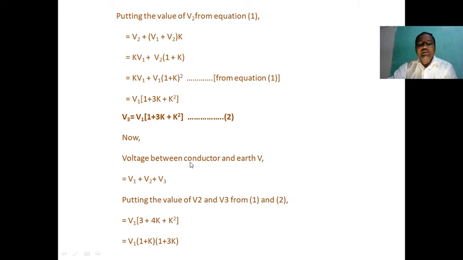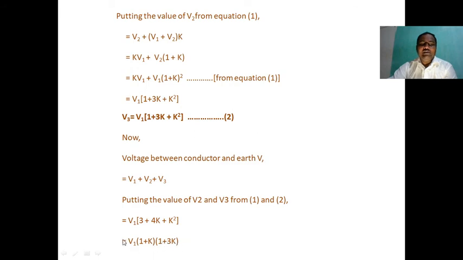Now the voltage between conductor and earth, the total voltage across the string, is equal to V1 plus V2 plus V3. Substituting the values of V2 and V3 in terms of V1 from the two equations, we get V1 of 3 plus 4K plus K square, which can be rewritten as V1 of (1 plus K) of (1 plus 3K).